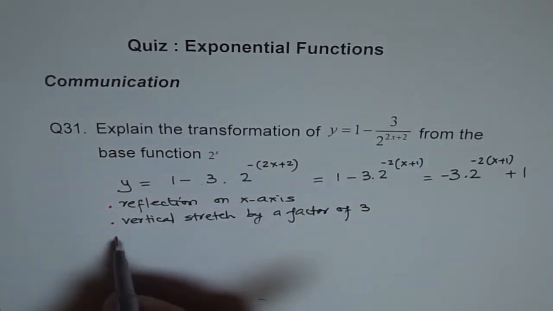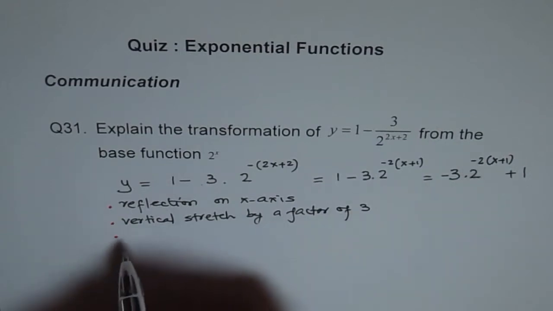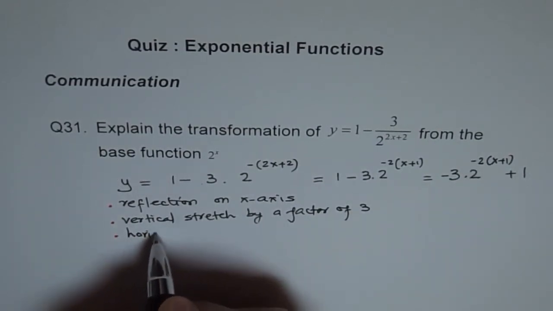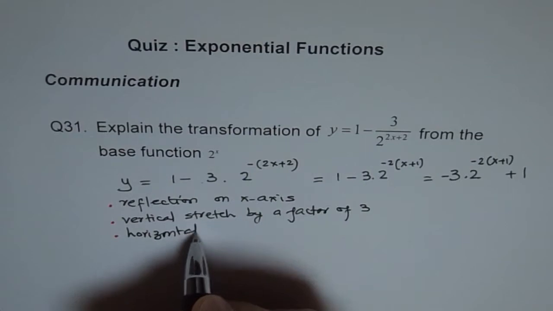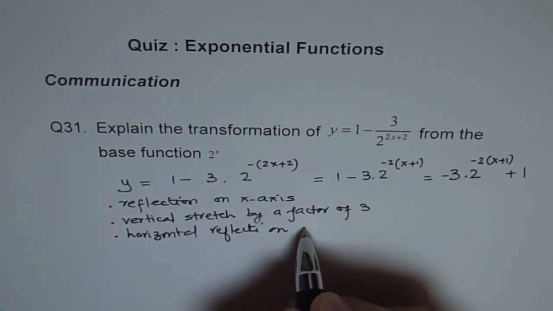And then we can see about the horizontal reflection. This minus 2 signifies horizontal reflection, right? On the y-axis.